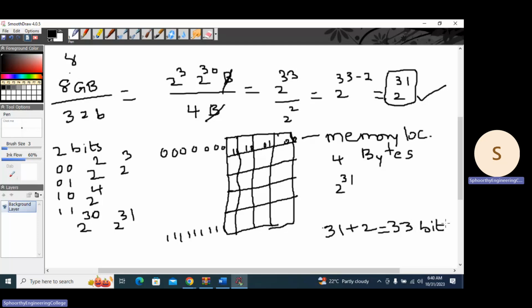So the operating system will allot 2 bytes. Just imagine there is a conversation between the operating system and the compiler. What is a compiler? A compiler is software which converts your program into machine code, right? So on behalf of the programmer, the compiler will ask, I need 2 bytes of memory.